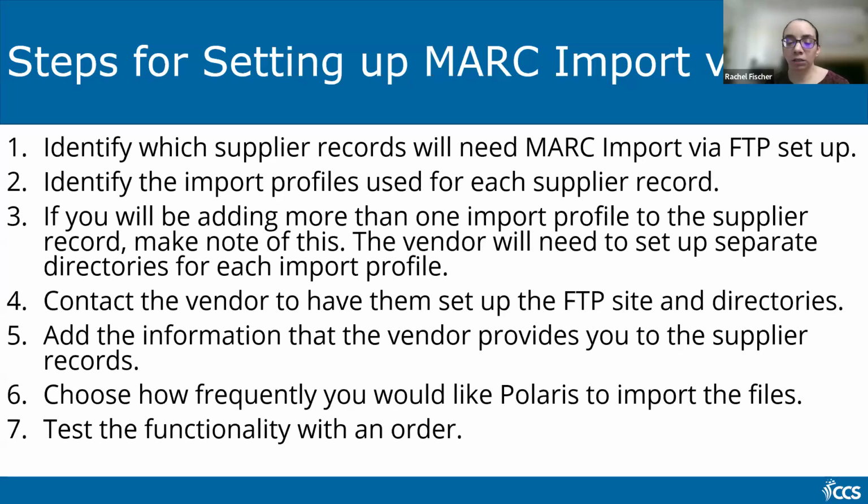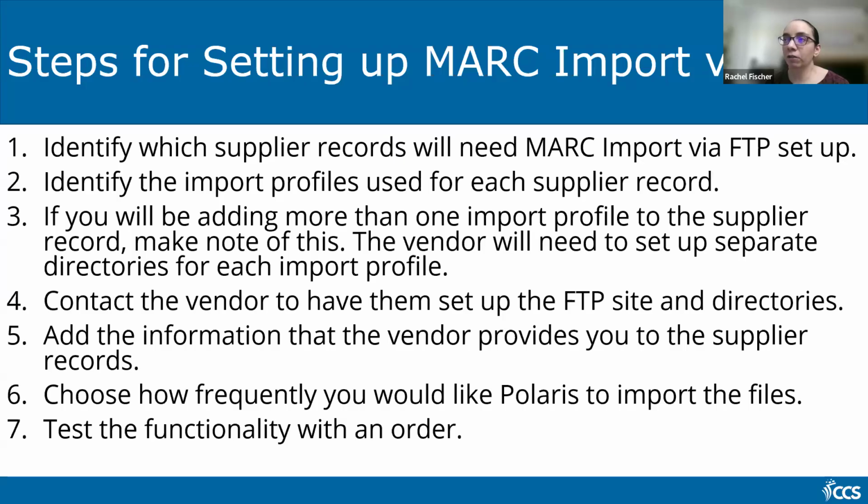Or if you are setting up enriched EDI like at Indian Trails or Evanston, and you will be getting on-order records and final records from your vendor. So these will need separate import profiles, which means that that supplier record will need to have two different directories set up for these import profiles.